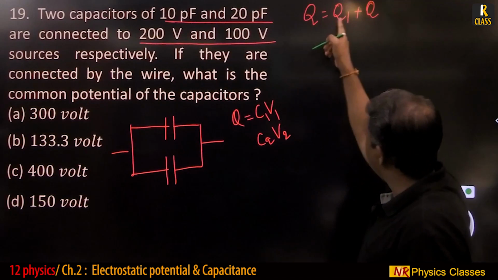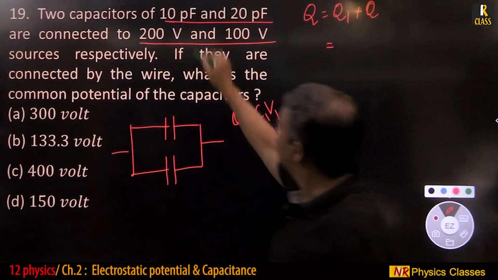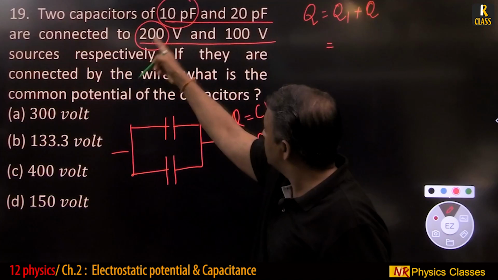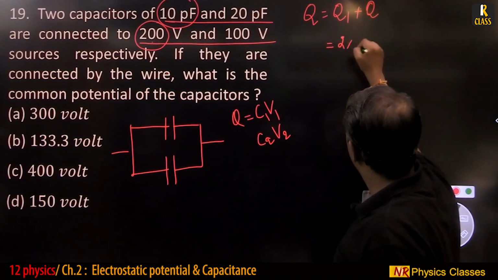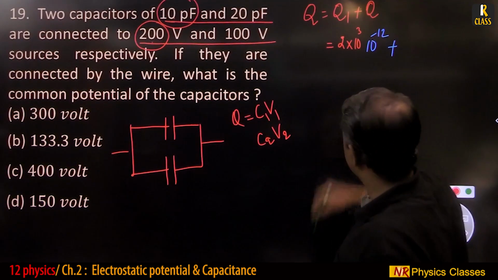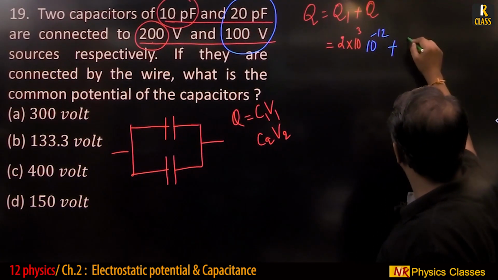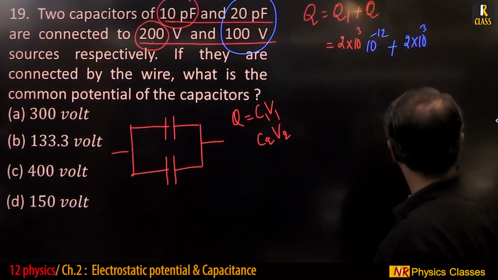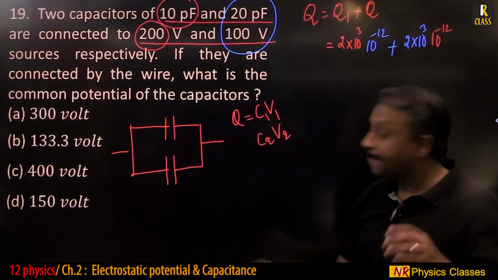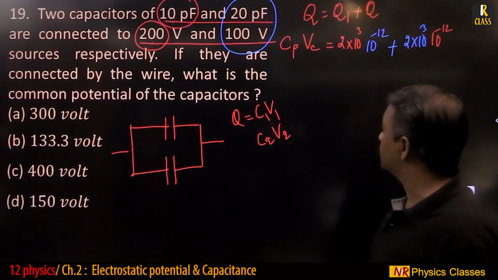Please don't write these steps here. Q1 is C1 V1. See here, the product of these two is 2000 pico, that is 10^-12, plus C2 V2, the product of these two is also 2000 pico, 10^-12. The total charge is the equivalent capacitance of the parallel combination into the common potential difference.